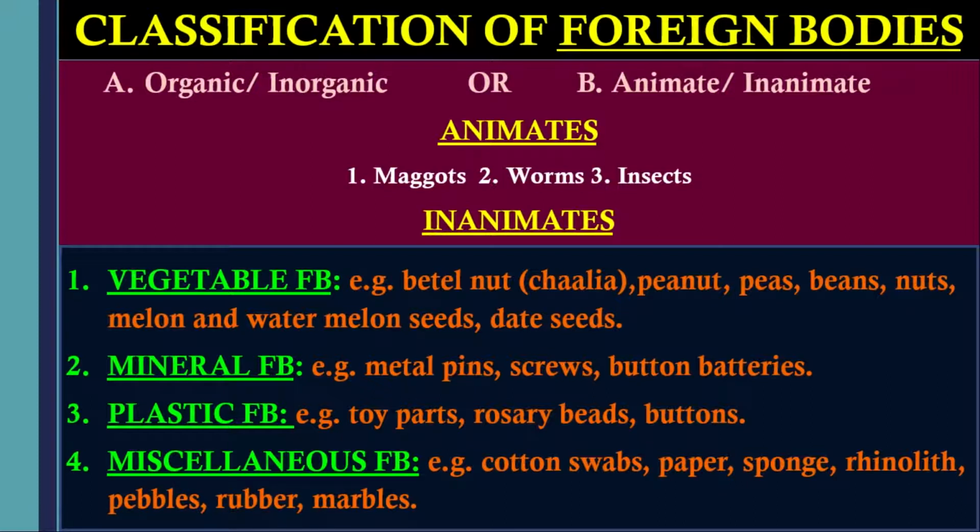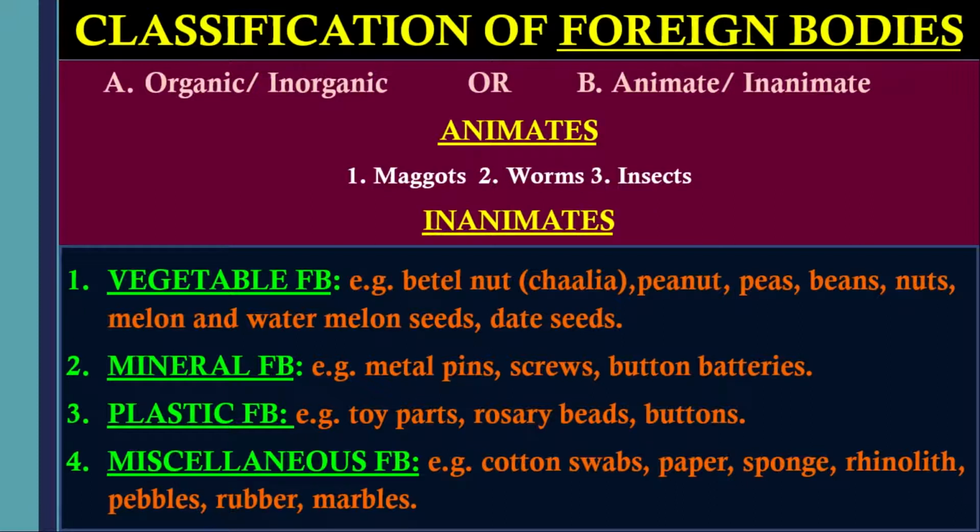Organic matter is found in living type of foreign bodies, such as bones, meat, seeds, vegetable matter. These are all organic. Inorganic ones do not contain hydrocarbons, whereas organic matter contains hydrocarbons in it.